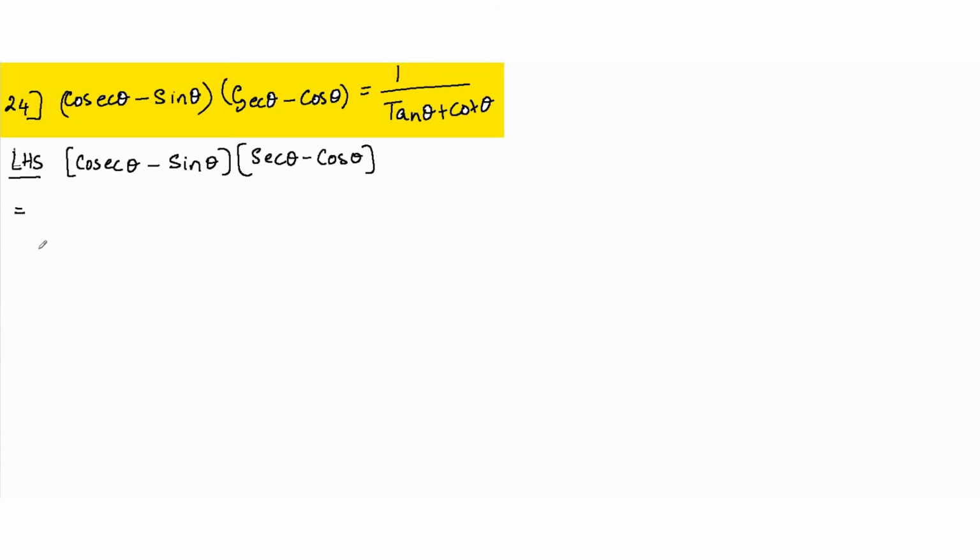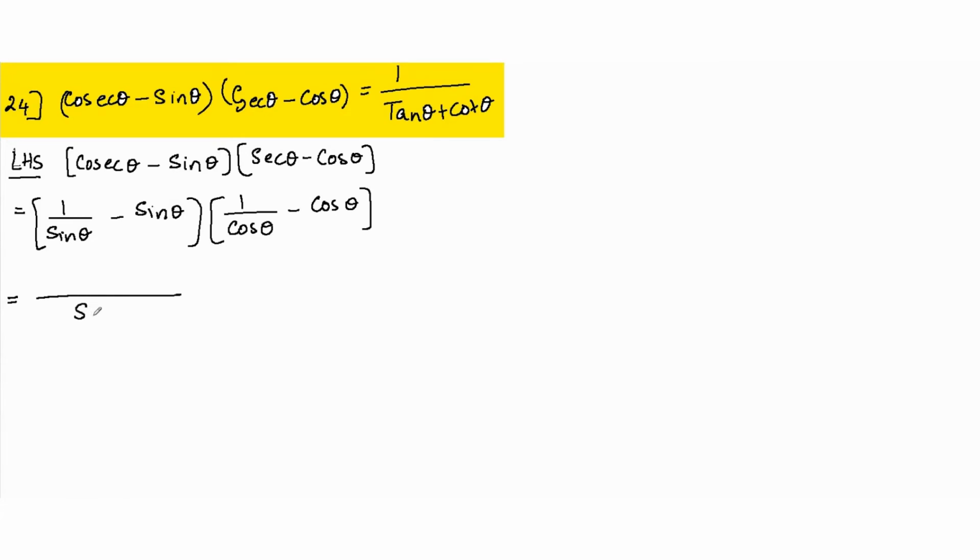So this becomes (cosec theta becomes 1 by sine theta minus sine theta), and (sec theta is 1 by cos theta minus cos theta). So therefore, if I take the LCM in the first bracket, I get sine theta in the denominator, and I have 1 minus sine square theta. And in the second bracket, I have 1 minus cos square theta divided by cos theta.